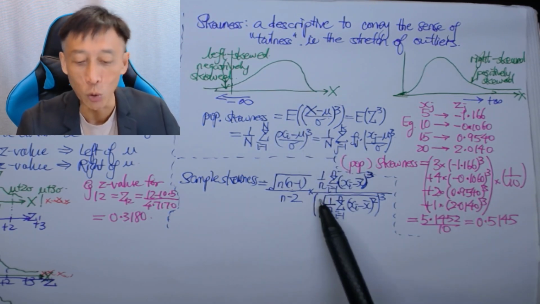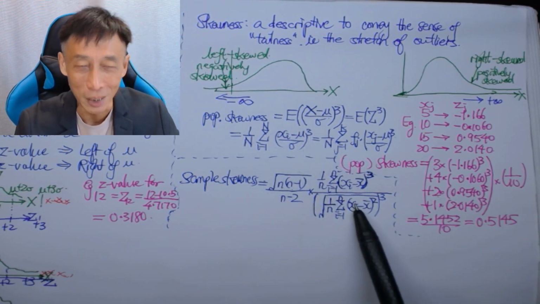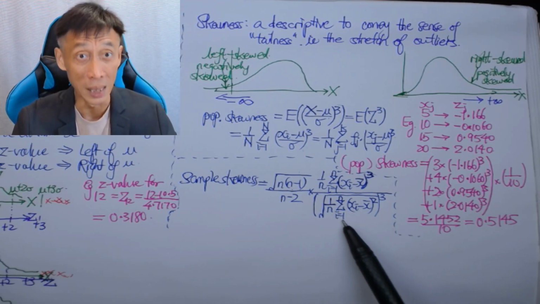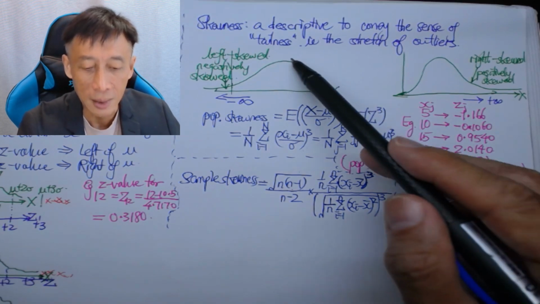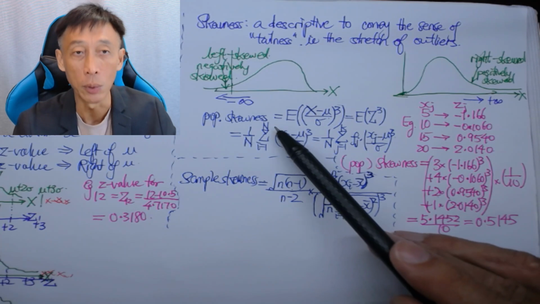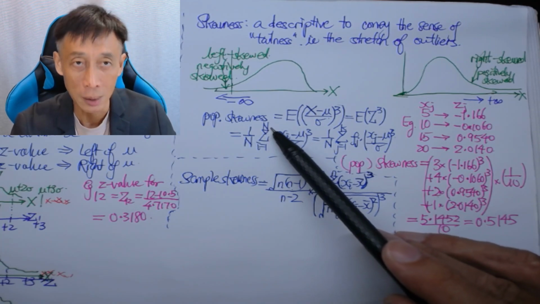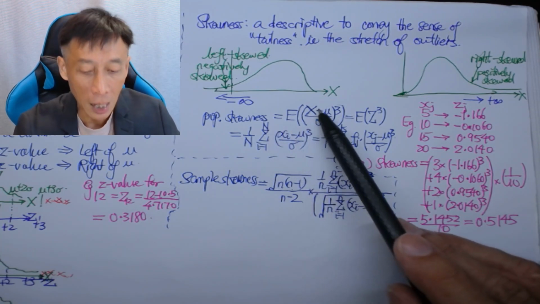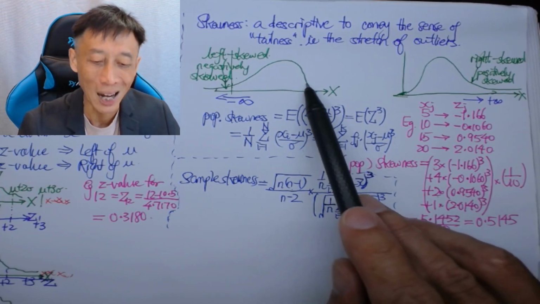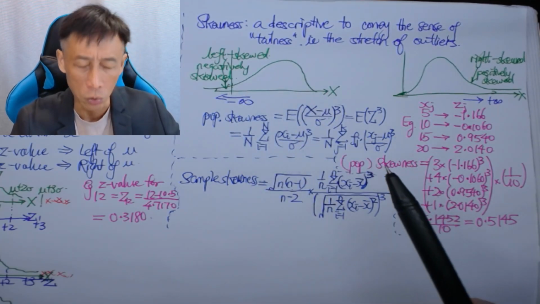We can calculate sample skewness, whatever formula we define, but no point if it is not going to serve a purpose. What's the purpose? The business purpose is to understand the population. So in this case, we want to know the population's skewness. We can't afford, don't have the time, patience, money, budget, manpower to measure every single point in the population because it's too big.